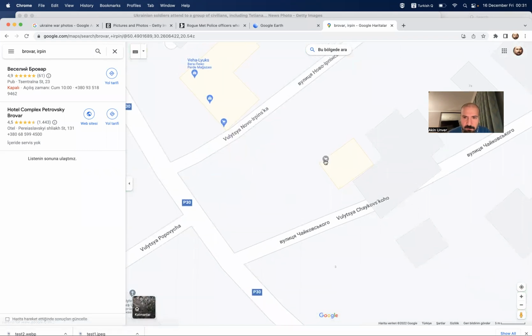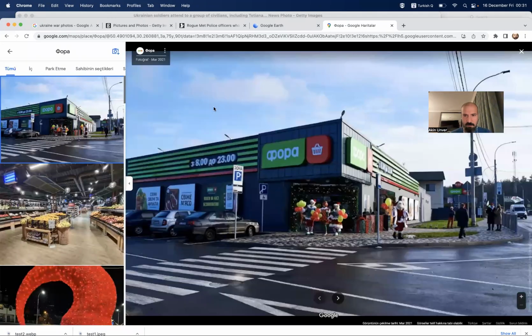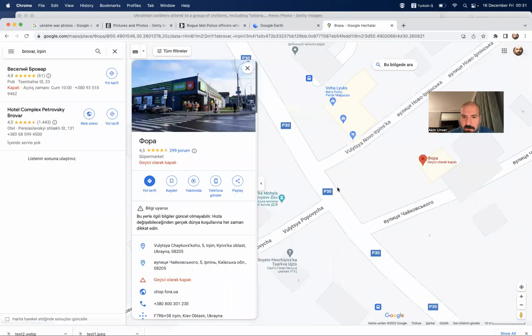This is the place. So if Fora is around here, and here what I need to do is look at a street. So it's right at the intersection of the junction, which means that the Ulica Street is here.